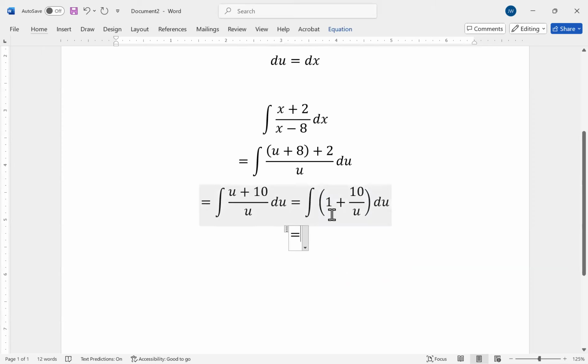Now I'm ready to take the antiderivative of 1, which is just 1u. Again, we're doing this with respect to u. So when I take an antiderivative of a constant, I get u because that's the variable. And then the antiderivative of 10 over u is 10 times the natural log of u.